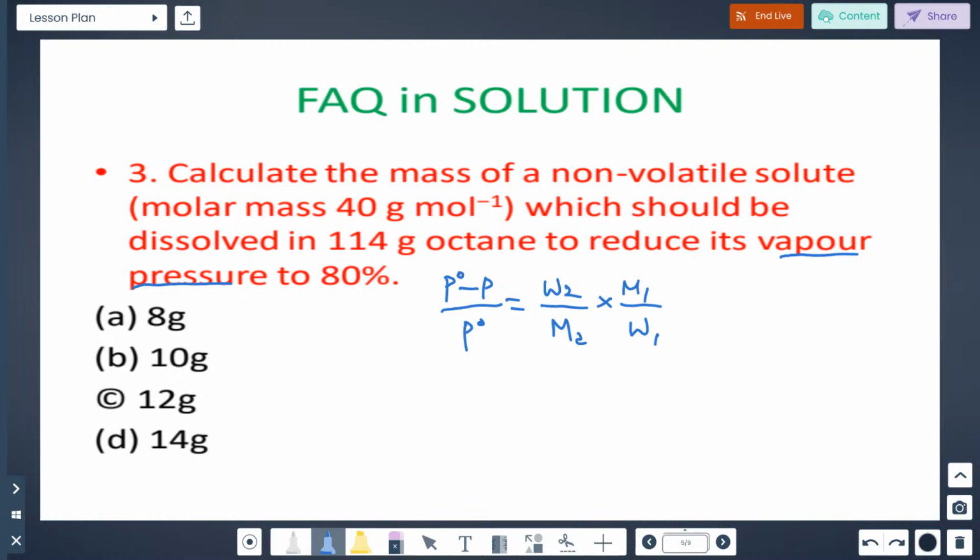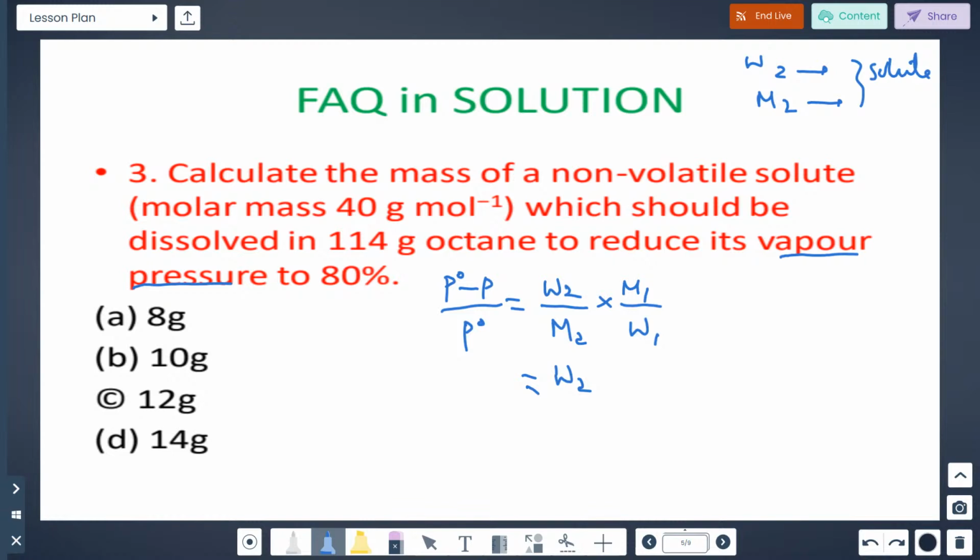See, I already told you, calculate the mass of non-volatile solute. Solute, nothing but we consider it as 2. Okay. Suppose for example W2, M2, always nothing but is called solute. Understood? Okay. So calculate the mass of non-volatile solute. This is the only unknown.